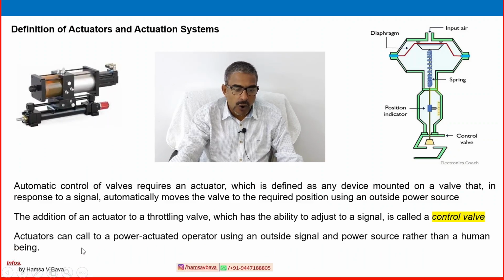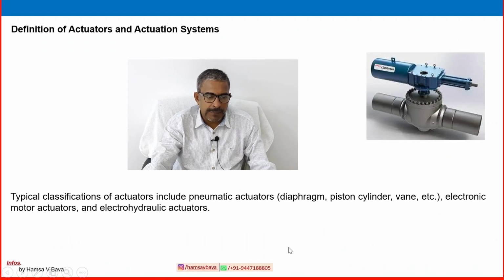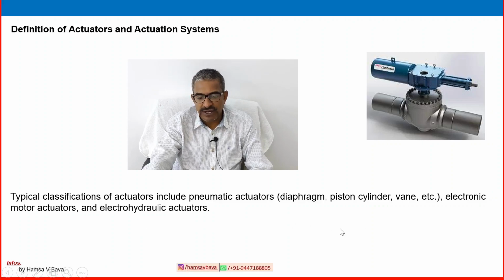Actuators are called power-actuated operators, using an outside signal and power source rather than a human being. Like this is the actuator, connecting to an outside power source. Typical classifications of actuators include pneumatic actuators (diaphragm, piston, cylinder, vane, etc.), electric motor actuators and electro-hydraulic actuators. So pneumatic actuators use compressed air.